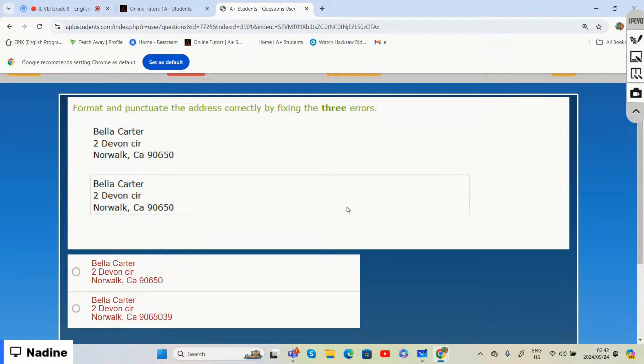All right, let's look at the next one. It says we need to format and punctuate the address correctly by fixing three errors. So once again, we have three errors, right? So it is Bella Carter, Devon CIR, Norwalk, comma CA, and then our zip code, which is 90650. We need to fix three errors within that address.